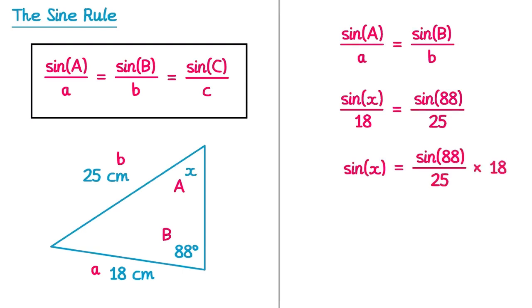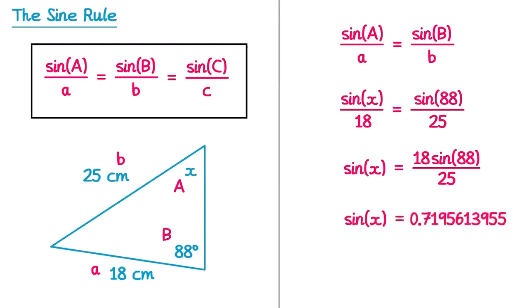As in the previous two questions, you might write this as one single fraction, so 18 sine 88 over 25. Then you can type the right hand side into your calculator and this will give you a decimal. On the left hand side though, we still have sine of x, not x, but sine of x. And the right hand side, using your calculator, will give you this number here.